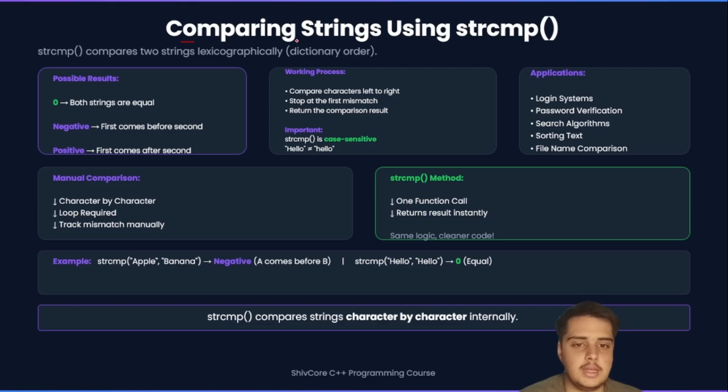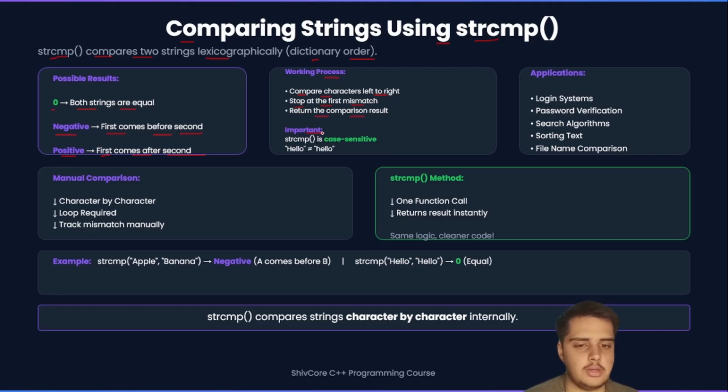Next, comparing strings using strcmp. strcmp compares two strings lexicographically, which is dictionary order. The possible results: if 0, both strings are equal; negative means the first comes before the second; and positive means the first comes after the second. The working process is to compare characters left to right, stop at the first mismatch, or return the comparison result.